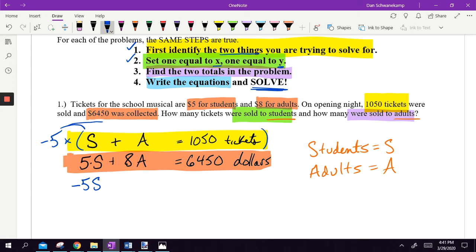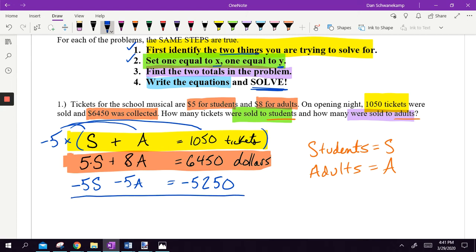That would get me negative 5S minus 5A equals negative 5 times 1,050, which is negative 5,250. If you don't believe me, calculator it out, but I'm pretty decent there. We're going to put these together.